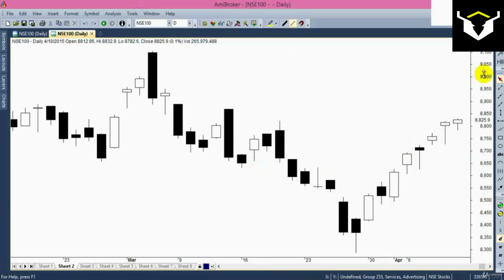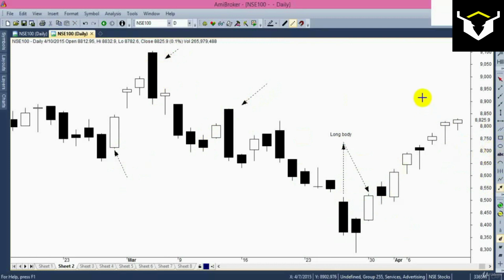For example, this one is a long body day candle. Similarly, this is a positive long body. This is a negative long body.